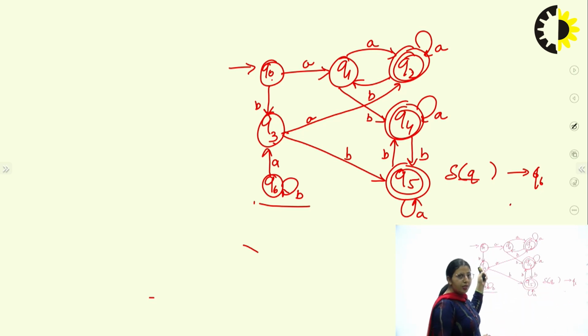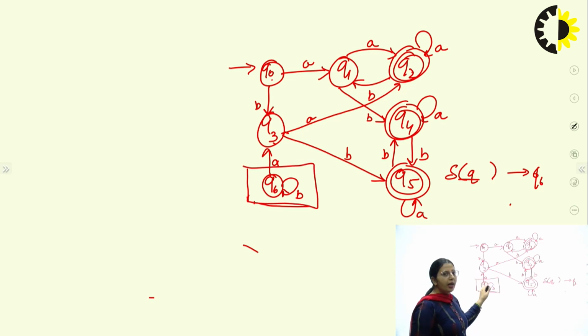Q6 can reach state Q3 using input symbol A, but Q6 cannot be reached by any of the other states. So, we can say that this state is the unreachable state.